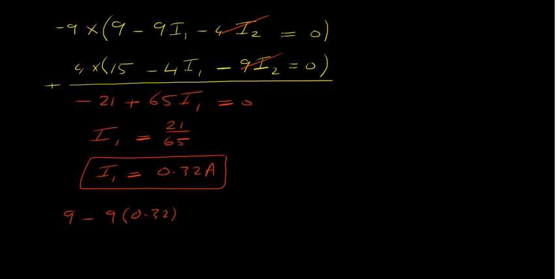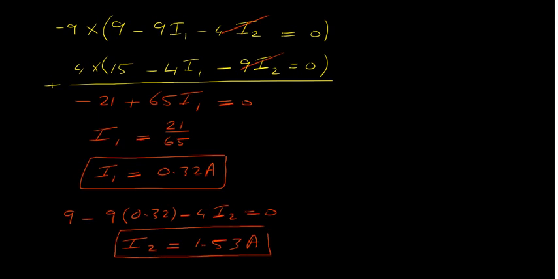Okay, minus 4 I2 equals 0. You just do the math, and from here you will find that the second current will equal 1.53 ampere. So here we go. We found also the second current.